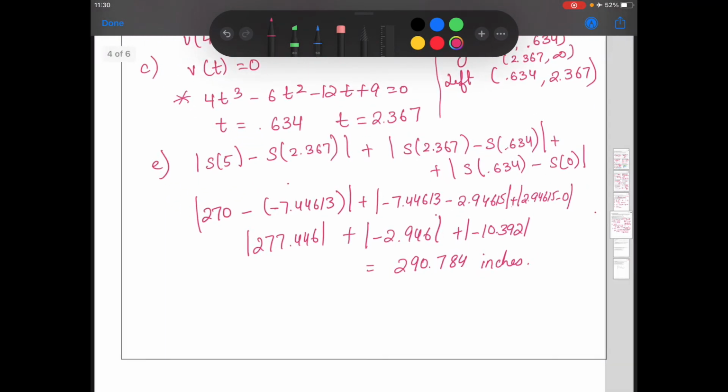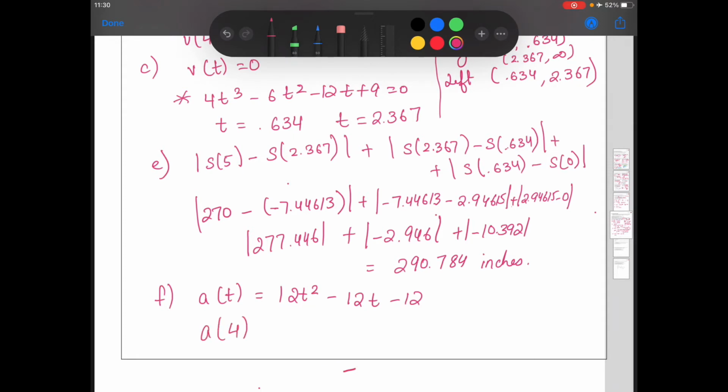Part F, it's asking us to find the acceleration of the particle at 4 seconds. So I'm going to first find my acceleration function, which is the derivative of my velocity, which would be 12t squared minus 12t minus 12, right?